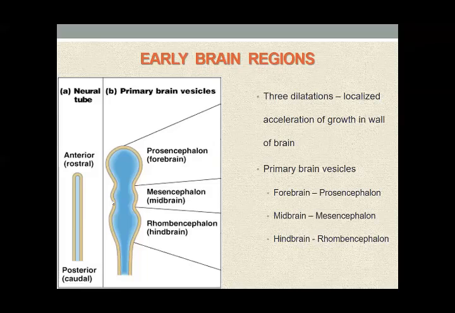You have the prosencephalon, which is also called forebrain. You have mesencephalon, also called midbrain, and then you have rhombencephalon, which is called hindbrain. Prosencephalon, forebrain, mesencephalon, midbrain, rhombencephalon, hindbrain.